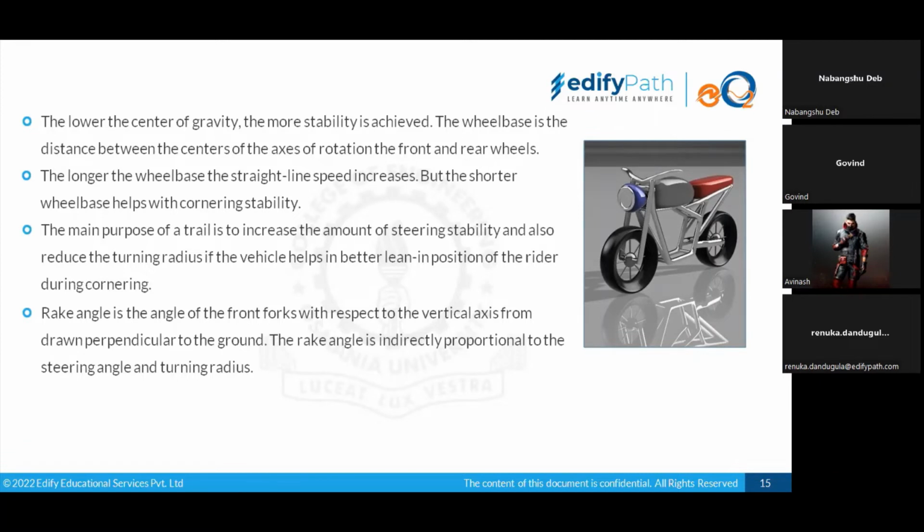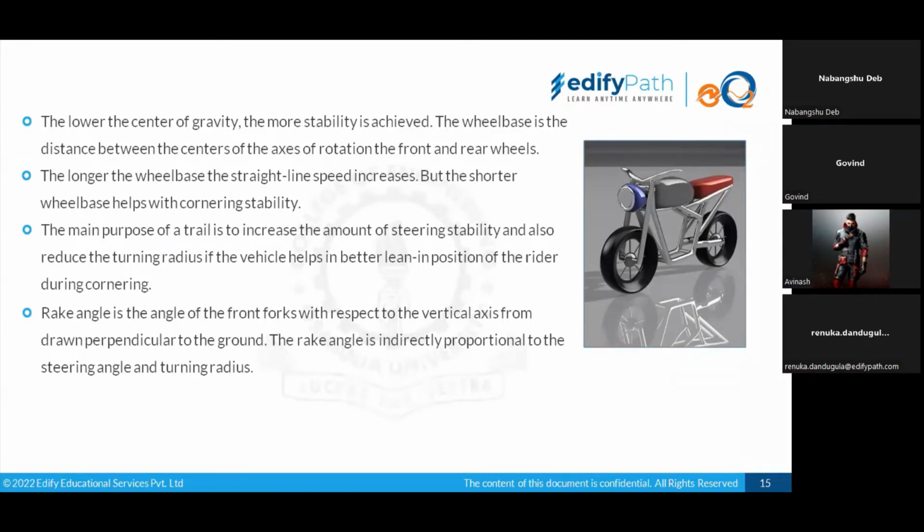Rake angle is the angle of the front fork with respect to the vertical axis drawn perpendicular to the ground. The rake angle is inversely proportional to the steering angle and the turning radius. So what is a rake angle? If you talk about the front suspension of a bike, we call it a fork. Why do we call it a fork?